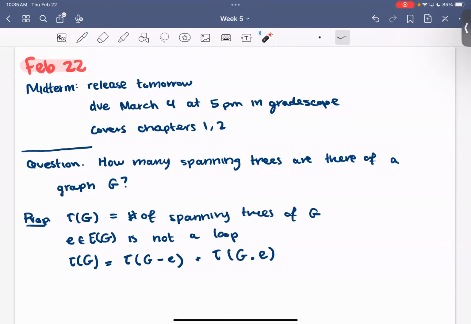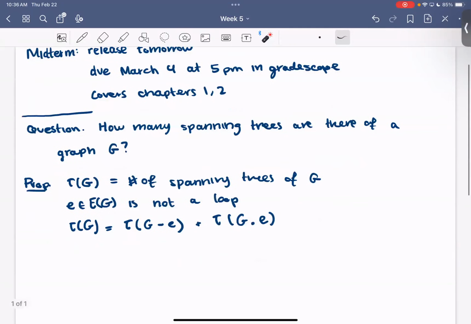Okay, so we're going to use this today, but I'll remark that this gives us one way to compute the number of spanning trees of the graph G. If you were handed some graph, you could just start deleting and contracting edges until you had graphs simple enough to compute the number of spanning trees by hand.